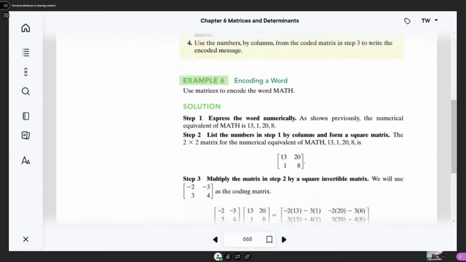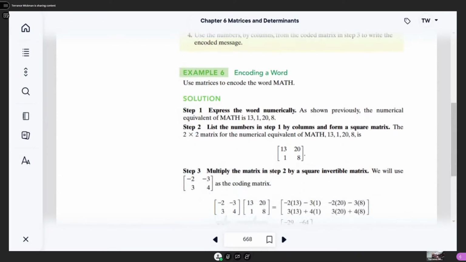Now, they work this vertically. It's part of the coding process. You can put it any way you want, but they write it as 13, 20, 1, 8. And they read it vertically, M-A-T-H, where the T is 20 and the H is 8.